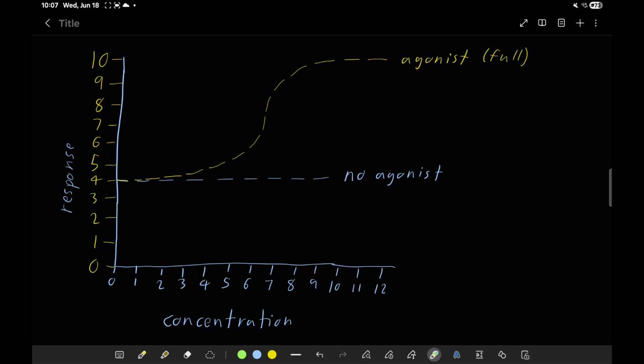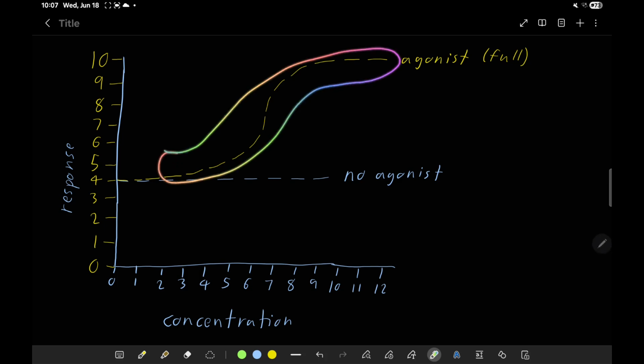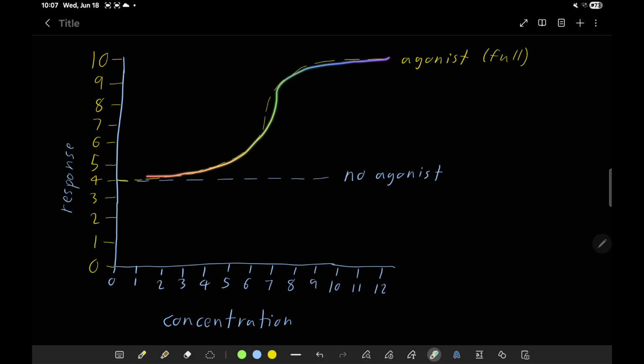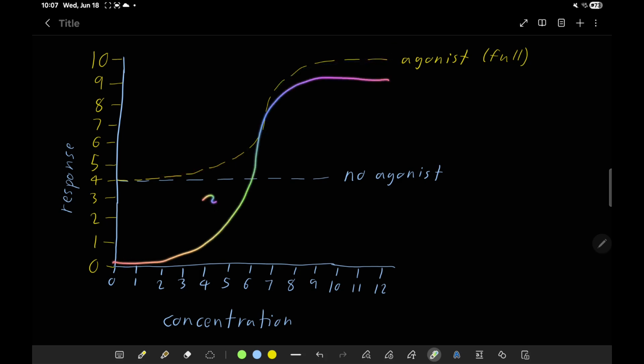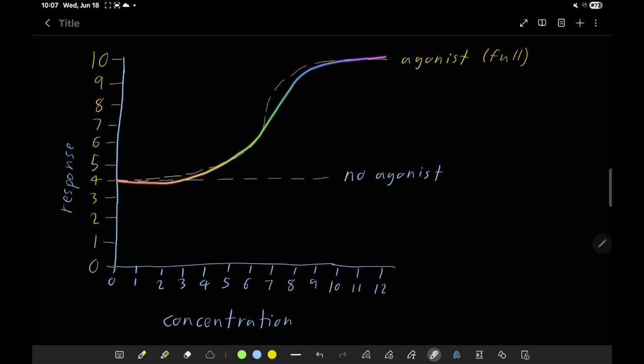But what's very important to note is that this dose-response curve, this increase in response as we add concentration of agonist, and response increases and then plateaus, does not start out from 0. It instead starts out from this point here, because remember, we have constitutive activity. We have a default, a base level of response, and it's above this base level that the agonist can increase response even further.